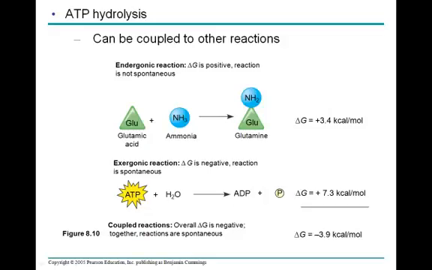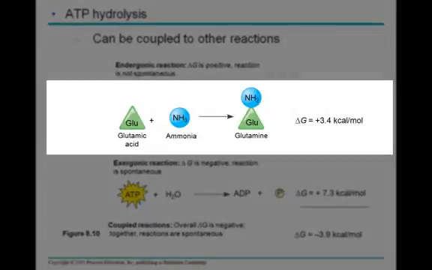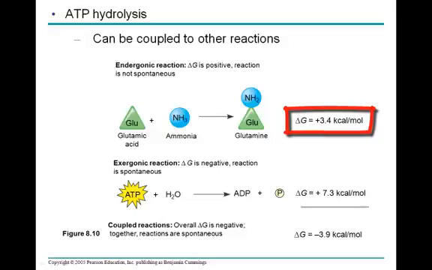ATP itself is, as we said, the energy molecule. So how do we harness the energy found in that phosphate bond to do other things? In the cell, you couple ATP hydrolysis, or the breaking off of that third phosphate, to other reactions so that the other reactions can occur. An example would be combining glutamic acid and ammonia to make glutamine. This is a very unfavorable reaction. You see here the delta G: it requires an input of 3.4 kilocalories per mole.